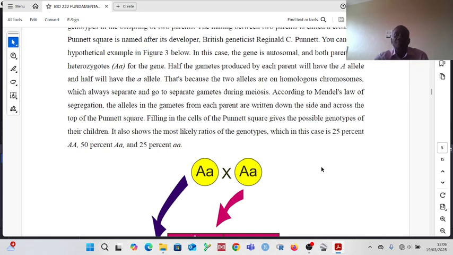If they are heterozygotes, then half of the gametes produced by each parent will have a capital A allele, and the other half will have the recessive allele, the small a. The capital A is the dominant allele, and the small a is the recessive allele.